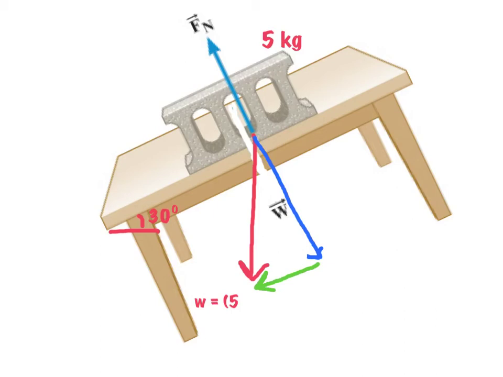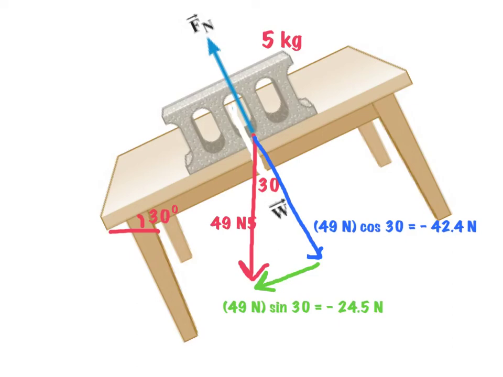And better yet, this angle in here, right here, is the same as the slope of the table. So we could just take that 30 degrees and put that right in there. And now we have our two components and the angle. Let's get this out of the way, and we'll see what happens.